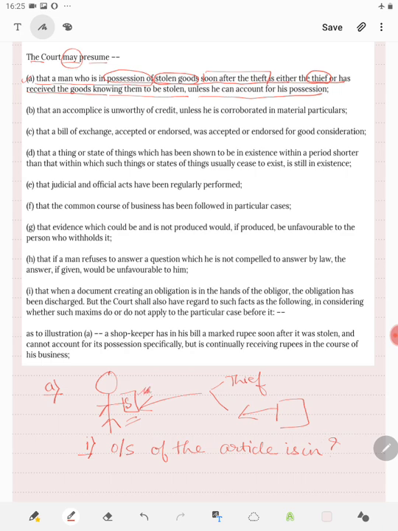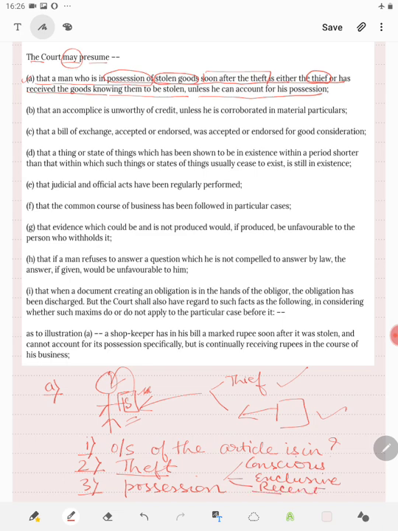If it is proved that the article actually belongs to him, there is no way the court can presume that he is a thief or that he has received it. Second, the theft of the article should be proved, that a theft has certainly occurred. And third is that possession has to be proved, that that person was in possession of this particular thing, and possession has to be conscious, exclusive and recent.